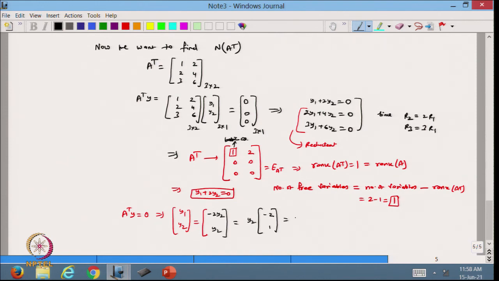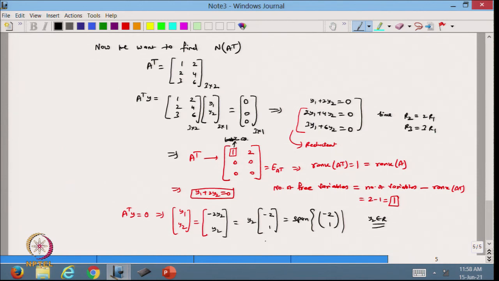So, I can always write y2 belongs to R. So, I can write this as equal to the span of this vector, where y2 belongs to the real line, and now it is linearly independent.